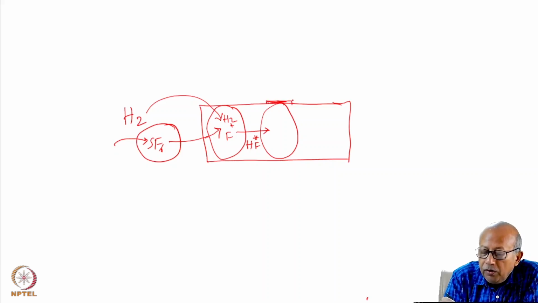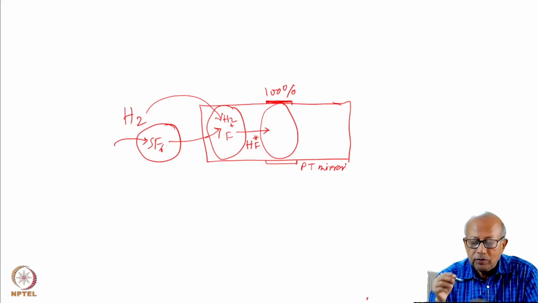The lasing zone comprises a cavity that contains the rear mirror, that is the mirror with 100% reflectivity, and a partially transparent mirror through which the laser beam would be coupled out.